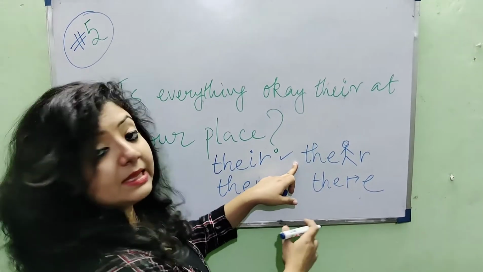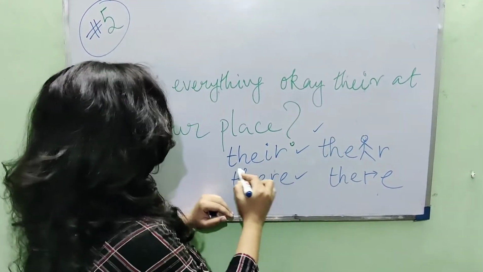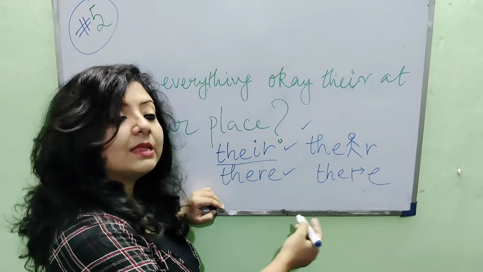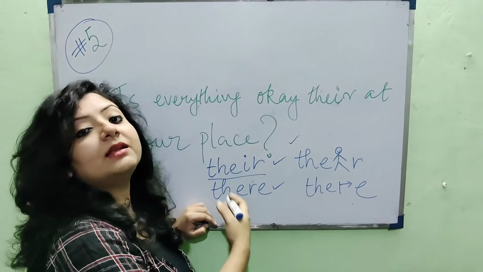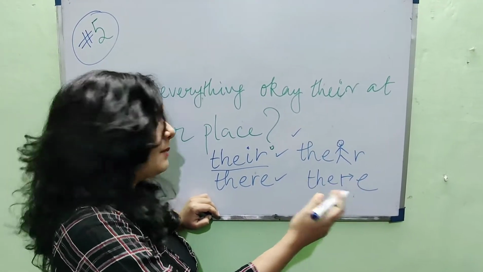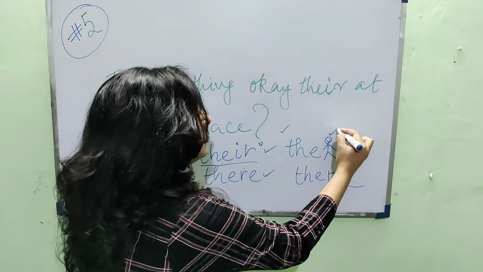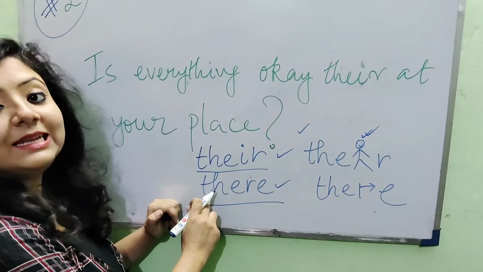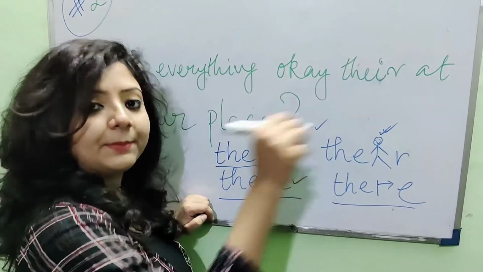So here, if you see, I have drawn a person. So to remember that this particular their is used when you are talking about possession, that it belongs to somebody, their house, their file, their dance program, their favorite television program, whatever. It belongs to them. So their talks about possession, okay? And when we are talking about this there, T-H-E-R-E, we are talking about a place, like over there, okay?